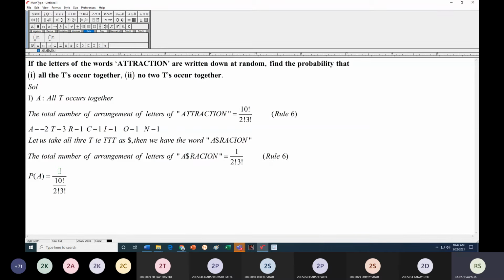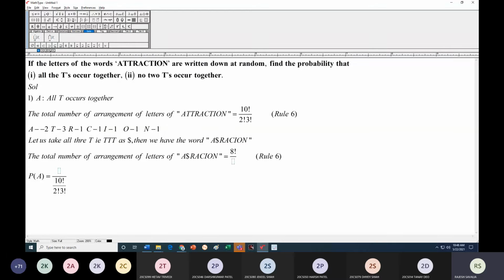So again we are going to use rule 6. Now count the number of letters in this spelling. How many letters are there? 8. So numerator is 8 factorial.